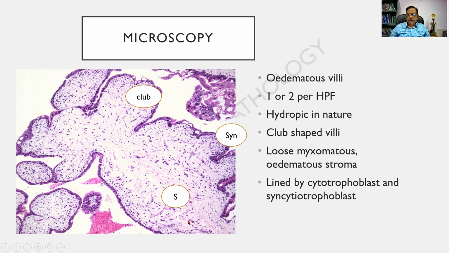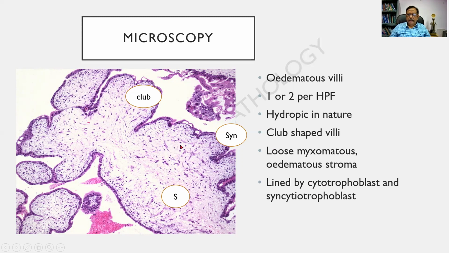But here, this one is so capacious or voluminous that it occupies the entire field. So it is hydropic, probably filled with water-like fluid. Club-shaped. They are not sharp, but like club-shaped villi, and the stroma is loose and myxomatous.